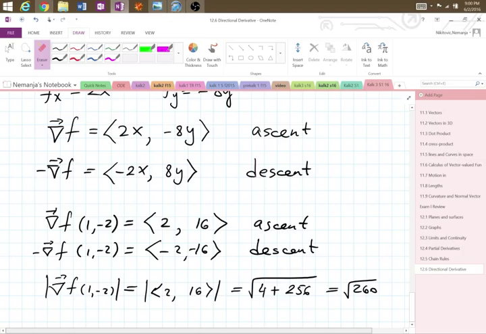Okay, so all of that stuff for 3 dimensions is the same. The last concept that we have to talk about, and then we're going for a break, is the gradient and the level curves, which is going to involve our tangents.